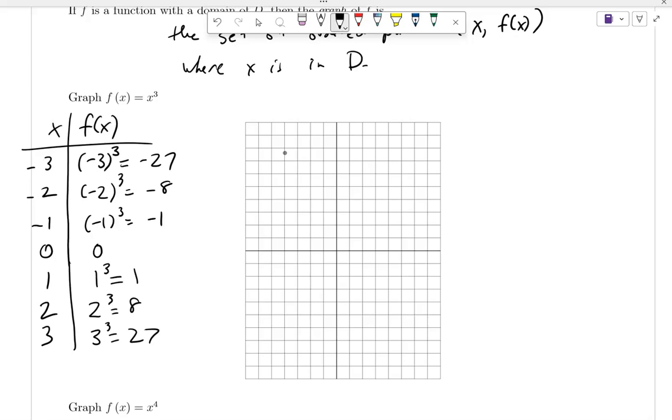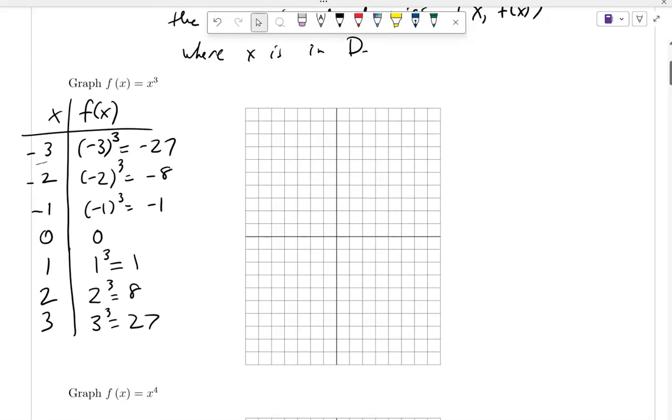All right, so now we want to graph it. Might want to change the scale a little bit because these are really close together, but it doesn't really matter. If I want to graph this thing again, I'm going to plot the points, right? -3 would be my x coordinate, -27 would be my y coordinate. I fall way off the graph, right? So I'm not going to plot that one. But do -2 and then -8, 1, 2, 3, 4, 5, 6, 7, 8 would be down here. -1, -1, left 1 and down 1.